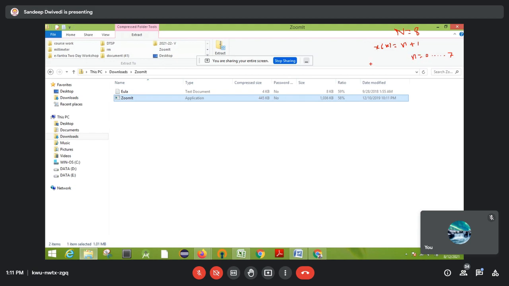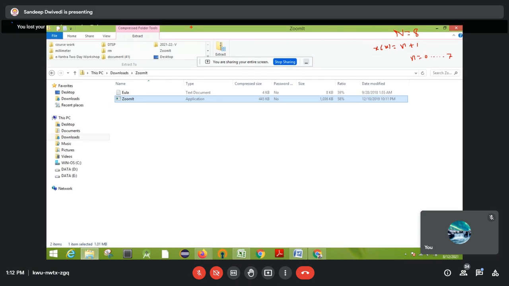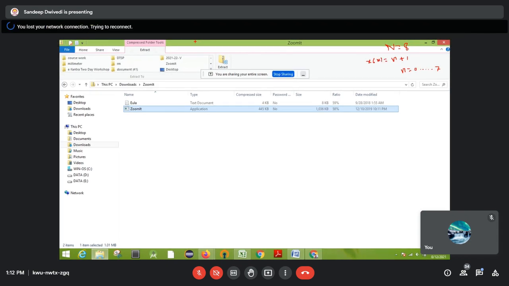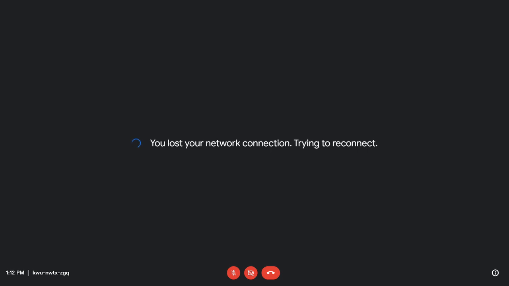If you are writing this sequence, your sequence will be like this.